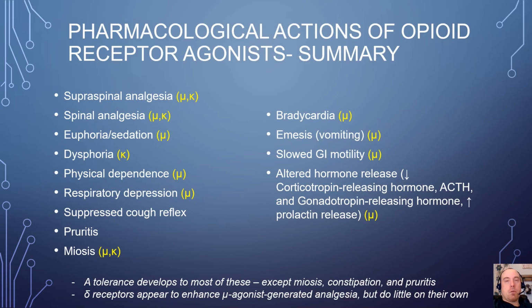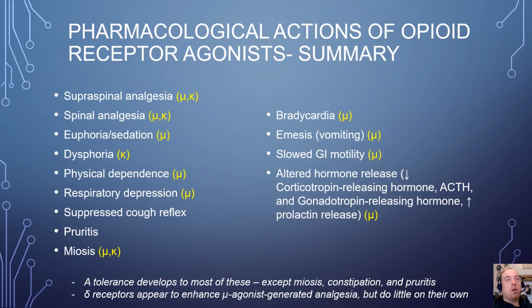A tolerance develops to most of these, except miosis, constipation, and pruritus. And the truth is, the most bothersome long-term effect would be constipation. The majority of the other effects will decrease over time, and that's the tolerance. Even analgesia will decrease over time, meaning with repeated exposure to the same dose, or even if you're escalating the dose, you'll gradually get some kind of tolerance where you still need to escalate even more to get pain relief.